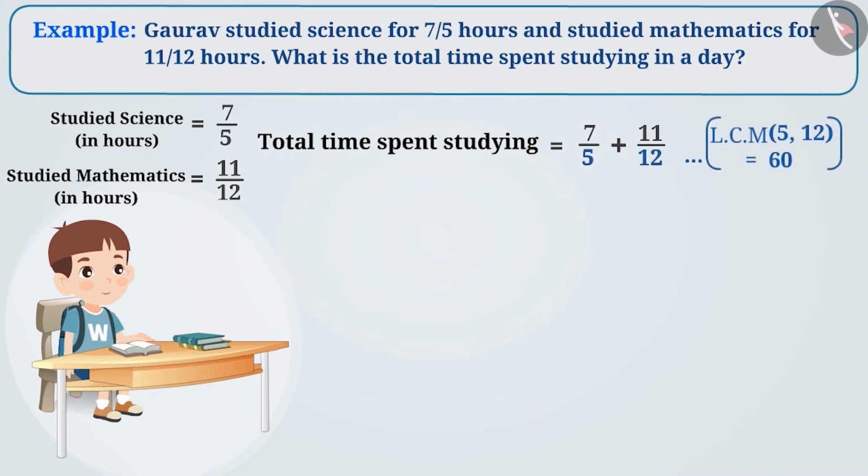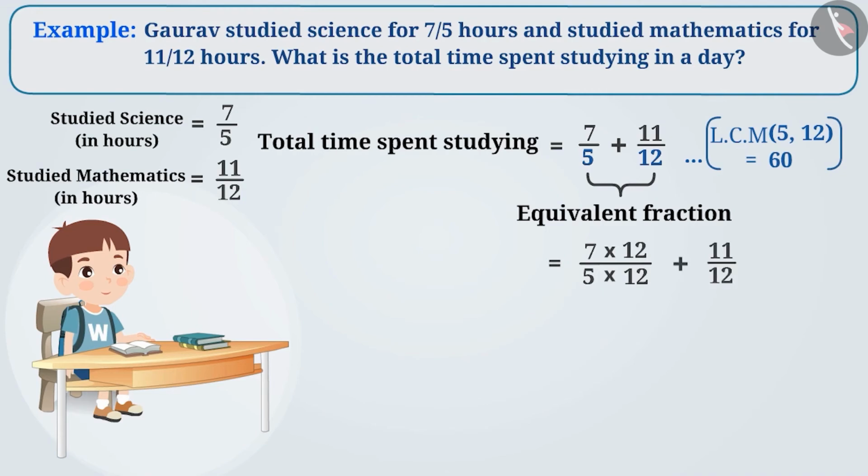Now, we find the equivalent fractions of both fractions whose denominator will be 60. In order to do this, we will multiply the numerator 7 and the denominator 5 of 7/5 by 12. Similarly, we will multiply the numerator 11 and denominator 12 of 11/12 by 5.